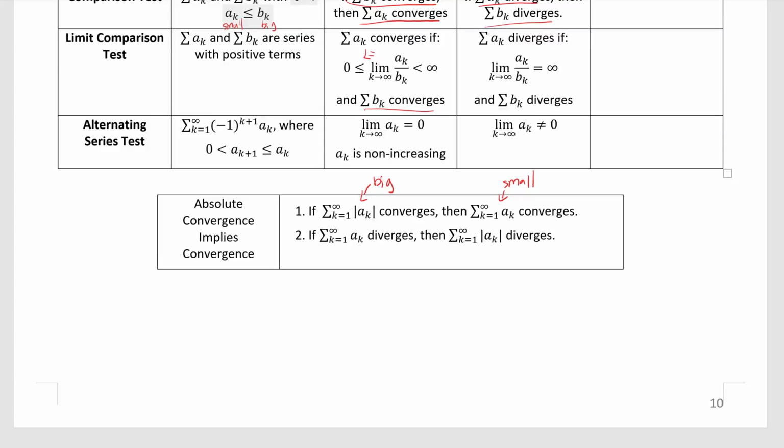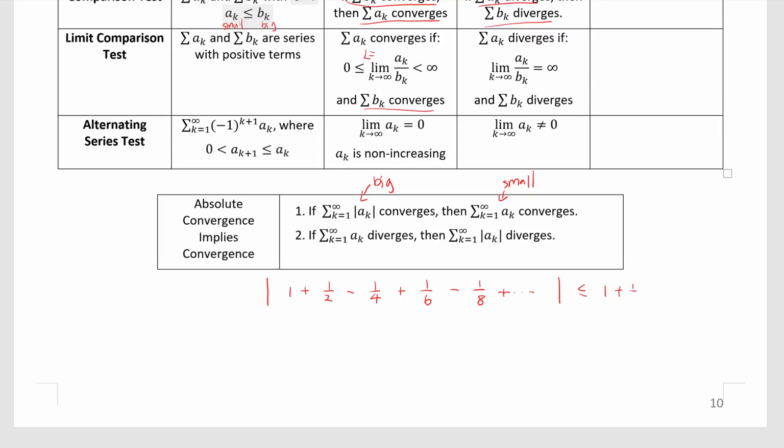Are you okay with why the series of the absolute value is the big guy and the series of a sub k is the small guy? Because let's say we have the series 1 plus 1/2 minus 1/4 plus 1/6 minus 1/8. This is the series, and some terms are positive, some terms are negative. Then we know when we compute the absolute value of the sum, it should be less than or equal to the sum of the absolute values of each of the terms.